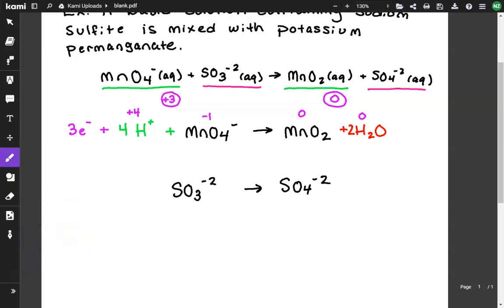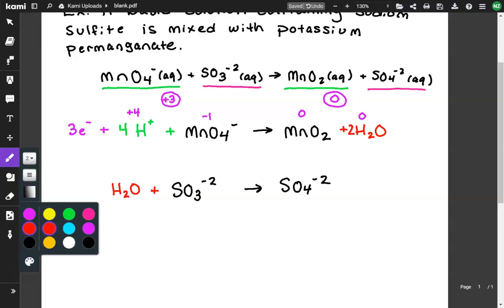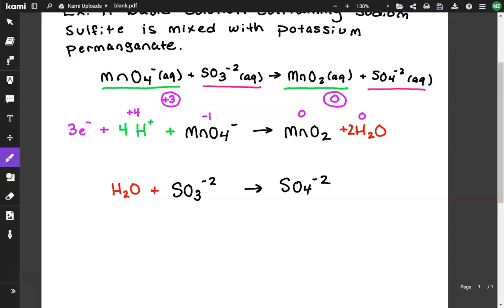I have 4 on the right, I have 3 on the left, so Cassie says add 1 more H2O on the left side so that I have 4 oxygens on the left. Good. After H2O, Ashley, what do I need to do? You add the hydrogen. Which side and how many? The right, 2. We already have 2 on the left with the other side, so we're going to add 2 hydrogens on the right side.